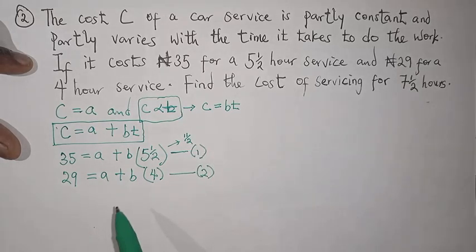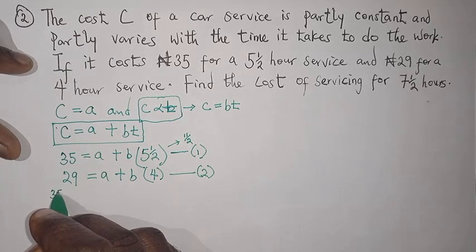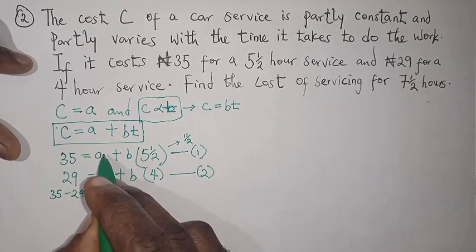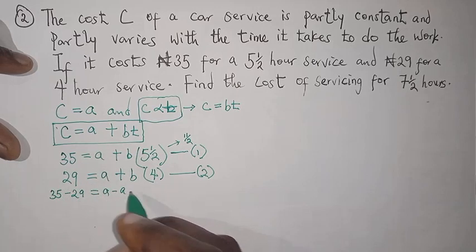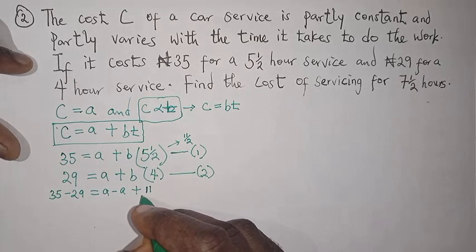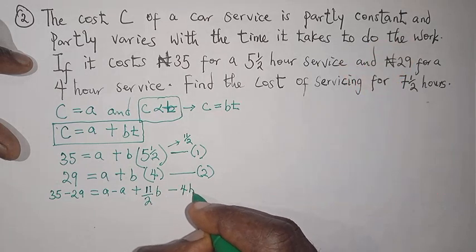Okay, so I'm going to subtract equation 2 from equation 1 in this case. Subtracting equation 2 from equation 1 means 35 minus 29 equals A minus A plus 11 over 2 B minus 4B.